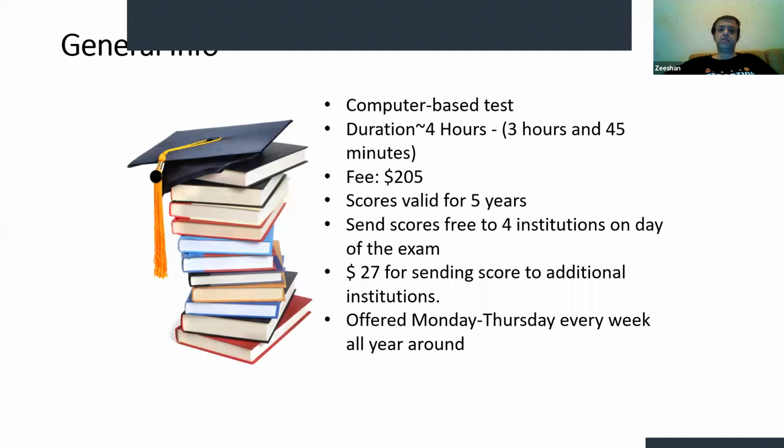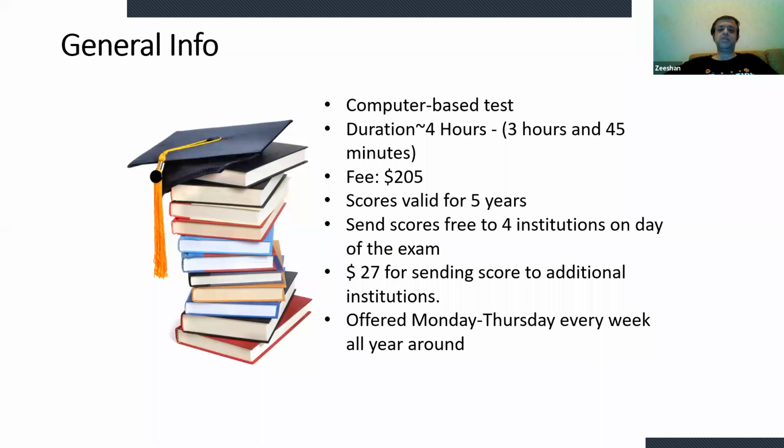So what ETS has done, now what is ETS? ETS is Educational Testing Service. So what they have done is they have given students the option for GRE from home test. So you can get registered for that through the website of ETS, which is www.ets.org/GRE. But there are certain requirements to take that test. For example, you need to have a minimum bandwidth, a certain level of hardware, Windows 10.